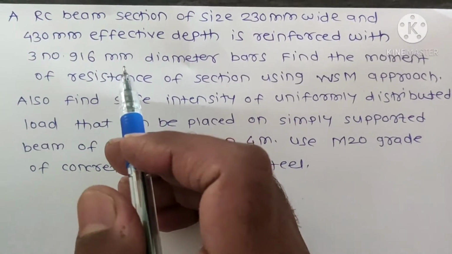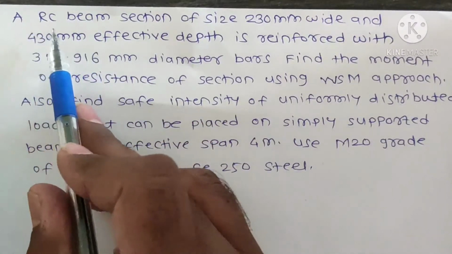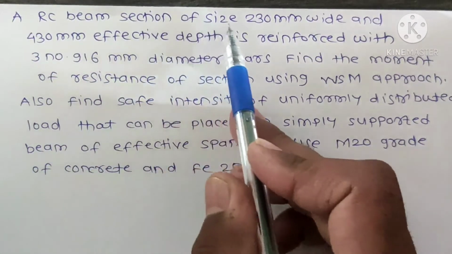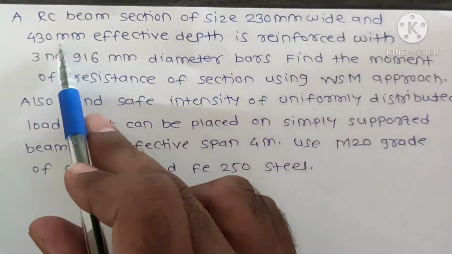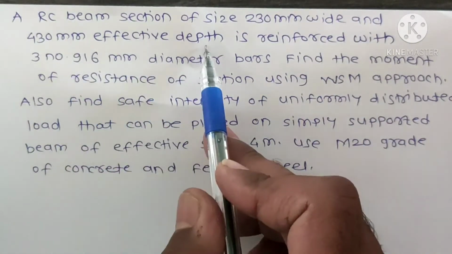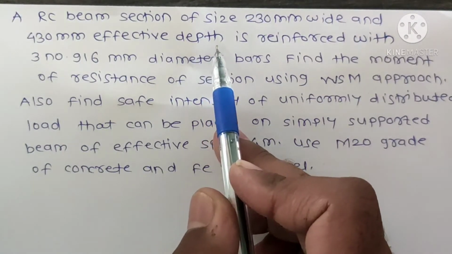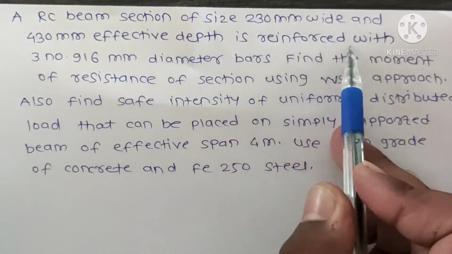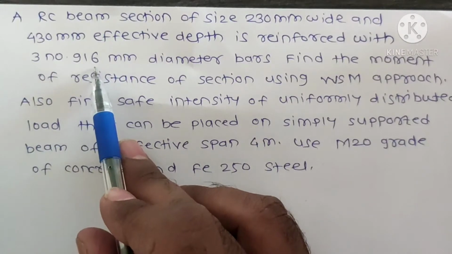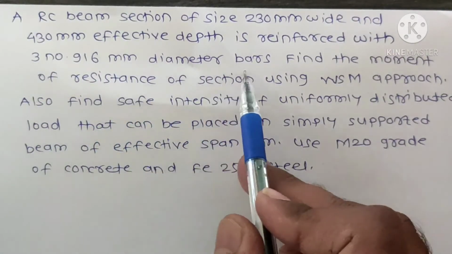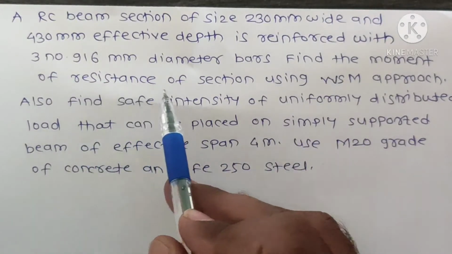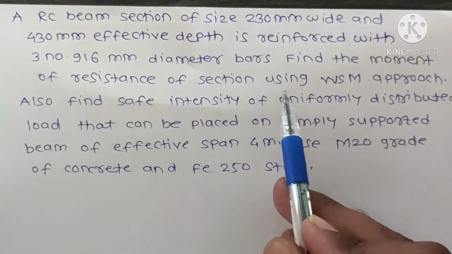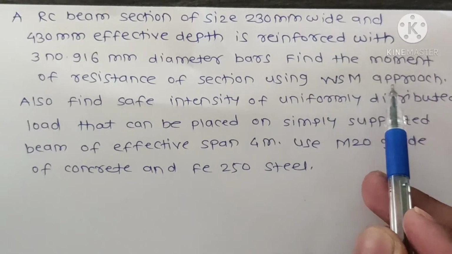The next problem is: an RC beam section of size 230 mm wide and 430 effective depth is reinforced with 3 numbers of 16 mm diameter bars. Find the moment of resistance of the section using the WSM approach.